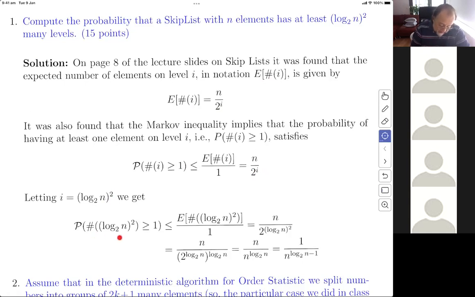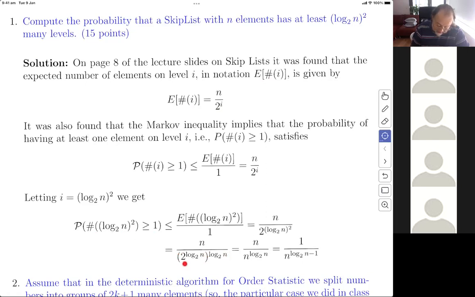So you have that the probability that the number of elements on level log₂ n squared is bigger or equal than 1, so the level is non-empty, is smaller or equal than the expected number divided by 1. So this is n divided by 2 to the, and instead of i, we substitute log₂ n squared. And now you can distribute the logs, right?